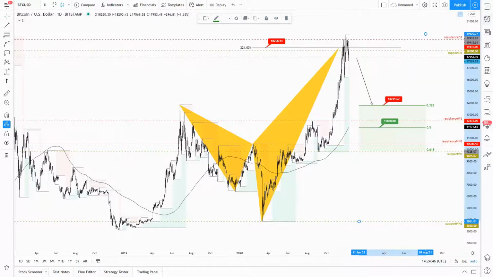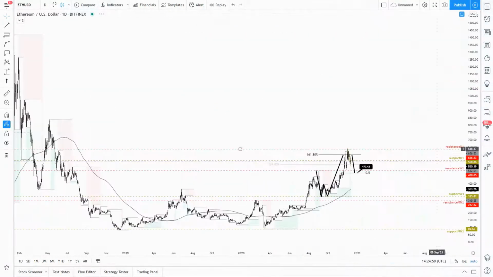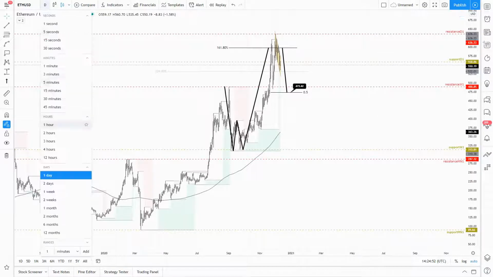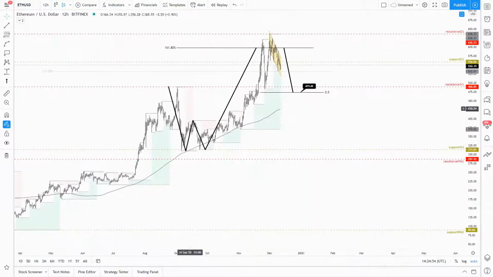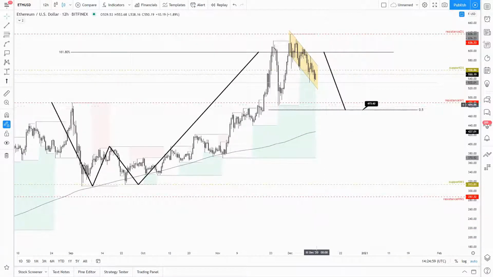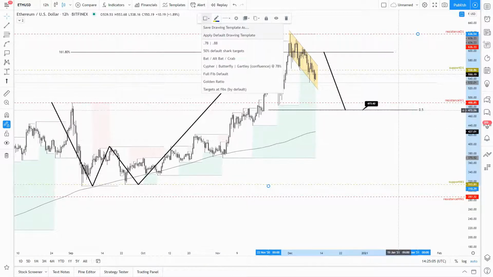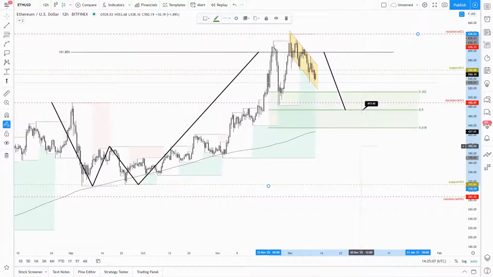Daily chart for Bitcoin and Ethereum, not so higher time frame, you can go into a lower time frame. Also a bearish crab pattern. Note that one has already traded the default targets.